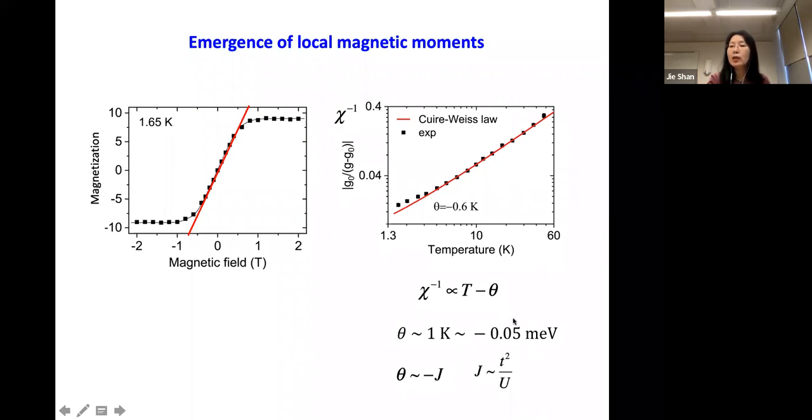This energy scale is also in good agreement with the saturation field. What's happening at the saturation field is that if you apply a high enough magnetic field, you just polarize all the localized moments. So this is very consistent with the picture of a Mott insulator.